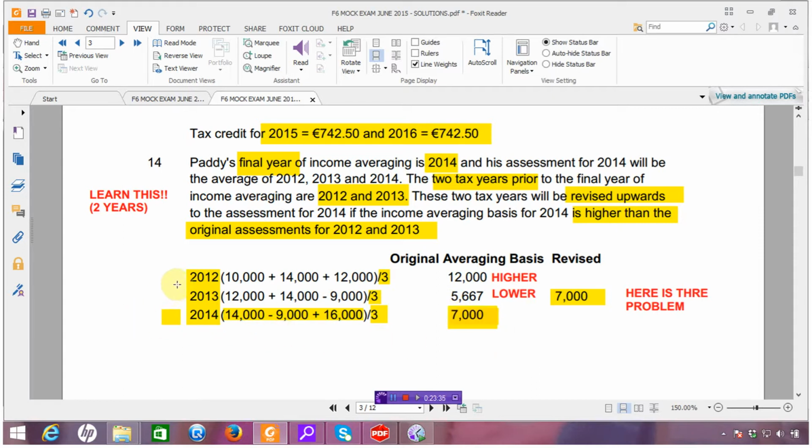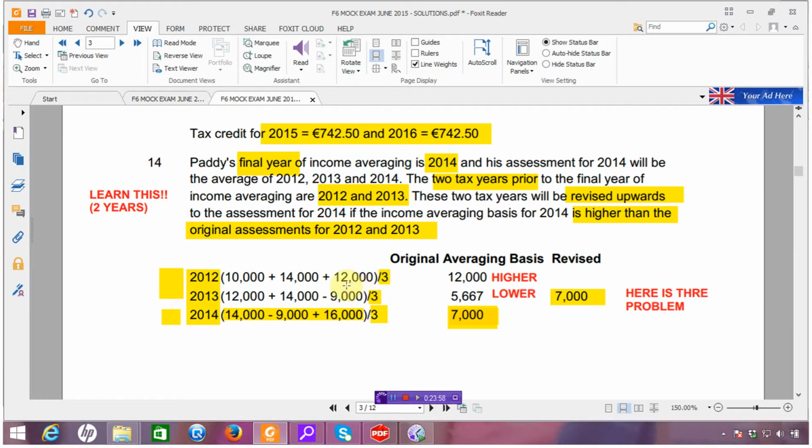Now, what happens is that the 2 years prior to that, so the 2 years prior to his final year of averaging need to be looked at. And really they need to be looked at to assess whether or not they are higher or lower than the 2014 year. And if they are lower, the assessment has to be revised upwards for each of the years.